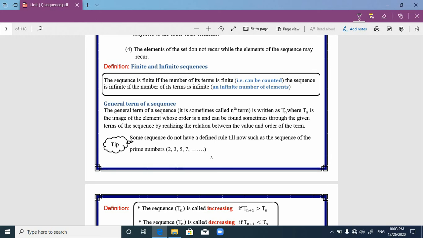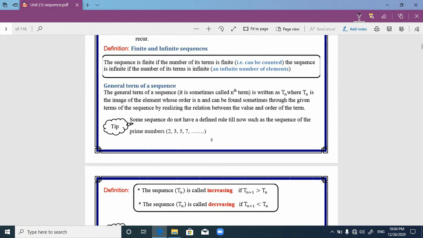It can sometimes be found through the given terms of the sequence by realizing the relation between the value and the order of the terms. Some sequences don't have a defined rule till now, such as the sequence of the prime numbers 2, 3, 5, 7; we can't find the rule of this sequence.